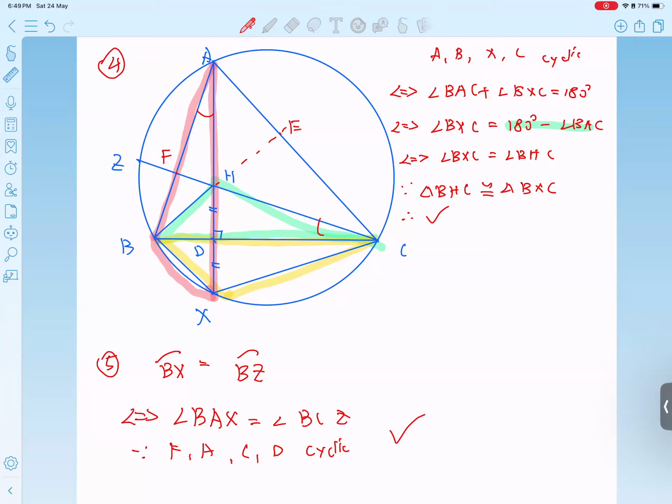And then similarly, if extending Y here, you have CX equals CY, and you have AZ equals AY.